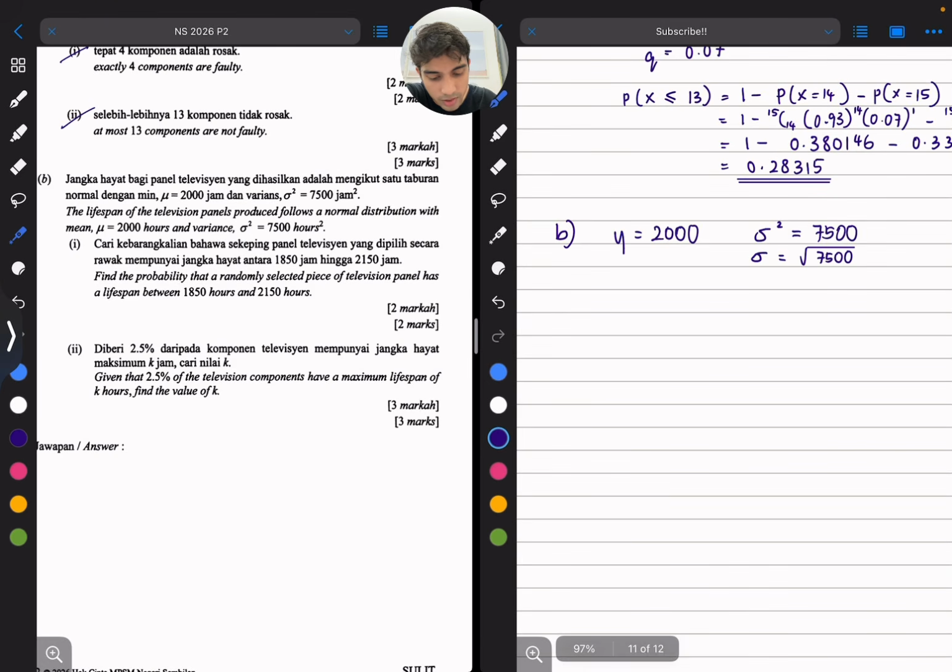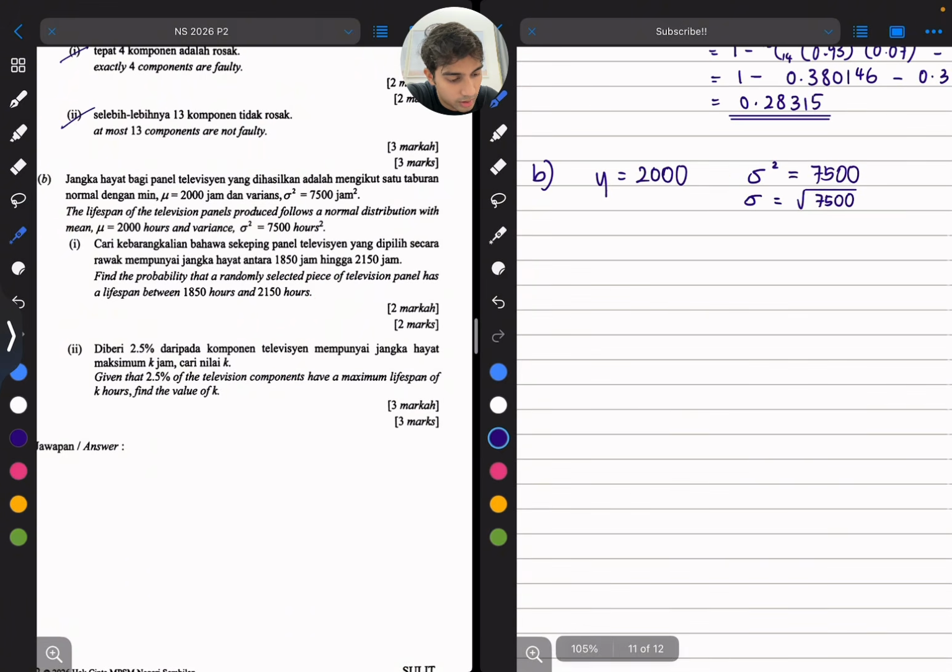Find the probability that a randomly selected television panel has a lifespan between 1850 and 2150. Between means we must write it like this: between 1850 and 2150.